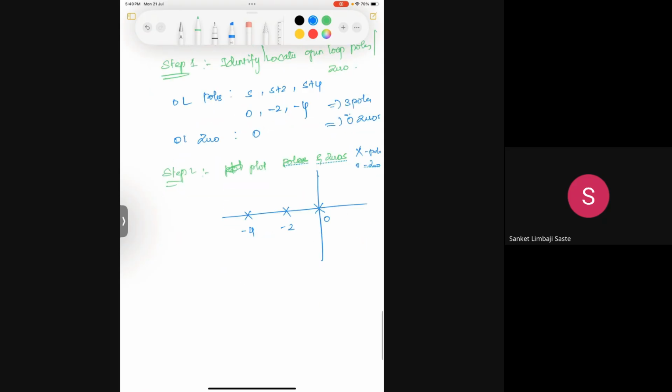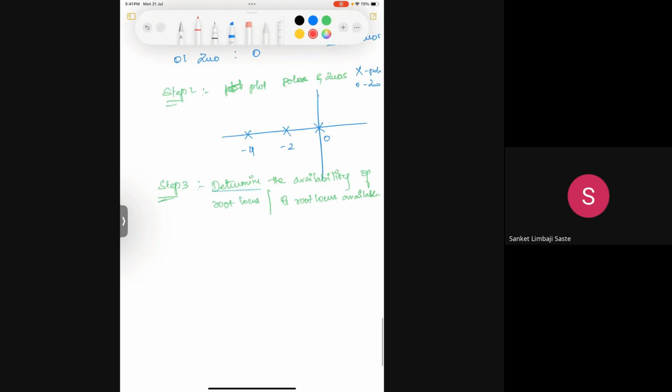Now we are going straight into the root locus method. The first formal step of the root locus method is to determine the availability, or whether the root locus exists or not. This is the third step. For this, we have rules.